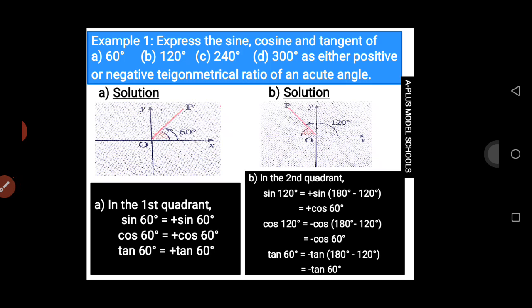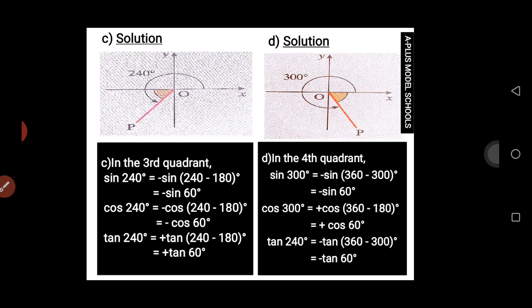So in the second quadrant, I will have plus sine 60 degrees, minus cos 60 degrees and minus tan 60 degrees. So let's go to C, which is 240 degrees. When you look at it, 240 degrees falls in the third quadrant. So in the third quadrant, what is positive there? That is only tan.